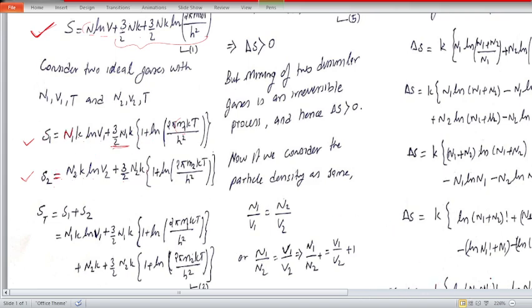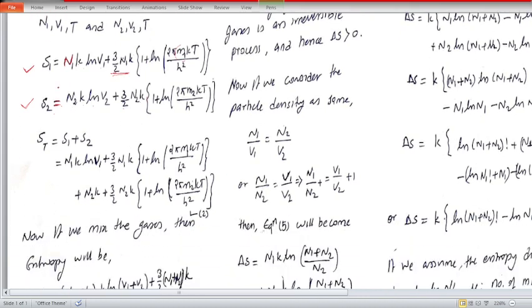The total entropy of the whole system, ST, is S1 plus S2, which is equal to N1k ln V1 plus 3 by 2 N1k times 1 plus ln 2 pi m1 kT by h square, plus N2k ln V2 plus 3 by 2 N2k times 1 plus ln 2 pi m2 kT by h square.